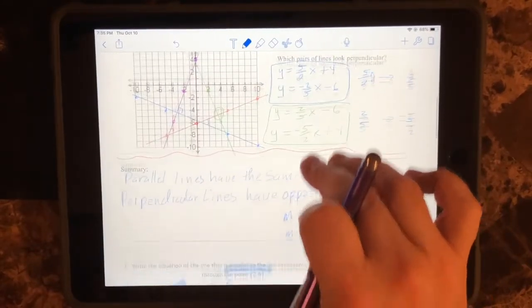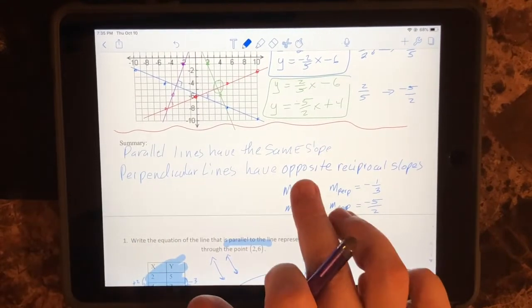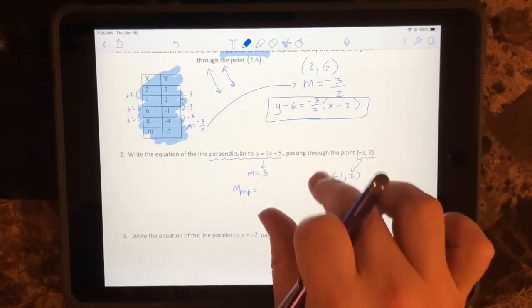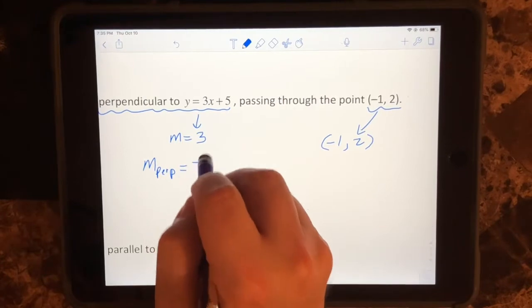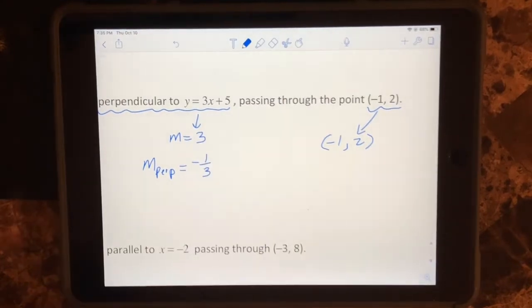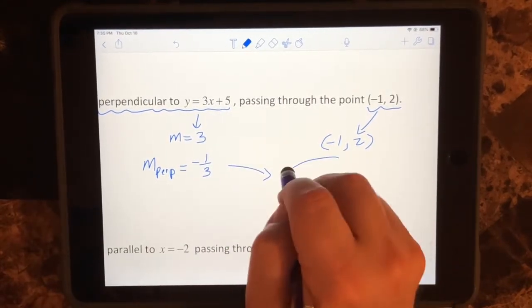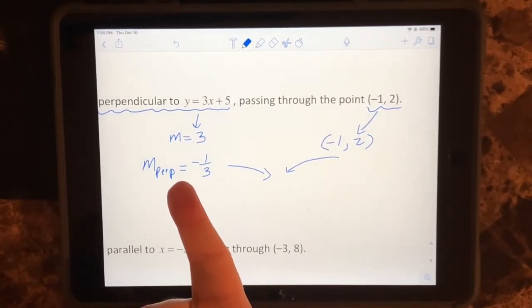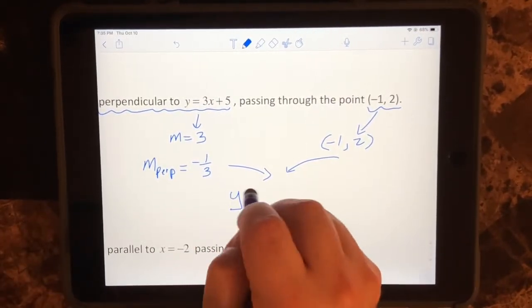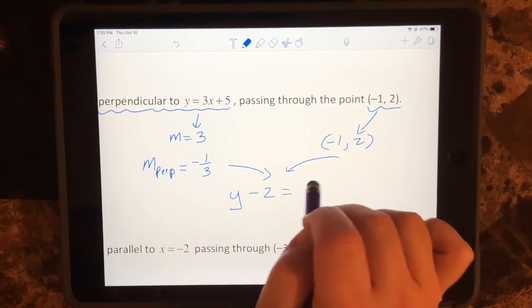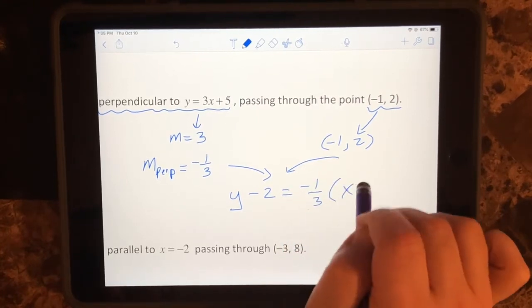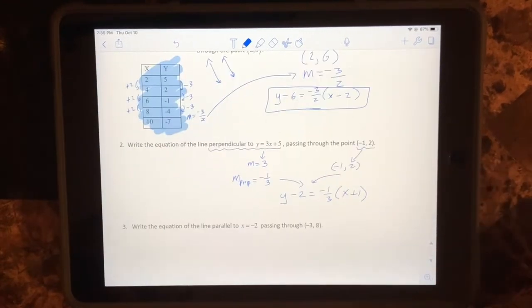Well, if I reference back up here, perpendicular lines have opposite reciprocal slopes. So 3 turns into -1/3. So now I write an equation with this slope through that point. Y minus 2 equals -1/3 times x plus 1.